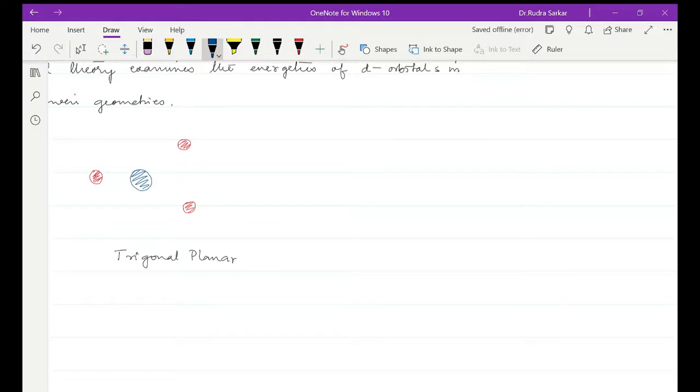Okay, or it may be a case in which they might come along the vertices of a tetrahedron, in this manner. So like that, like that. Okay, in this case, they're coming along this direction.